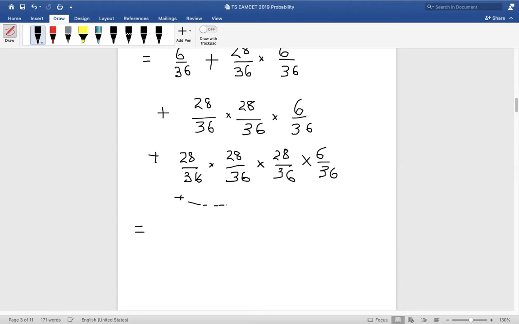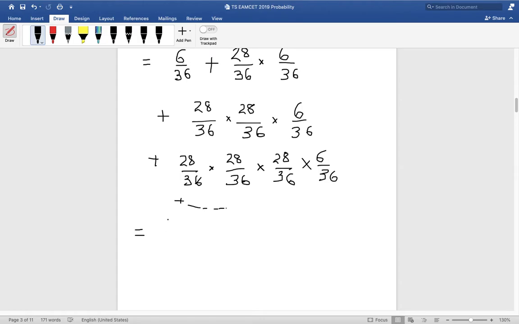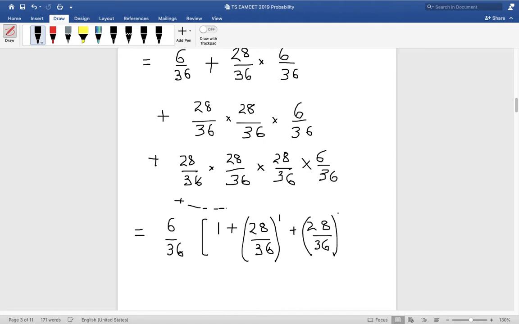How to solve this? This is now simply a geometric progression. I will just take 6 by 36 out. I will get 1 plus 28 by 36, which is my r, raised to the power 1, plus 28 by 36 raised to the power 2, plus dot dot dot.